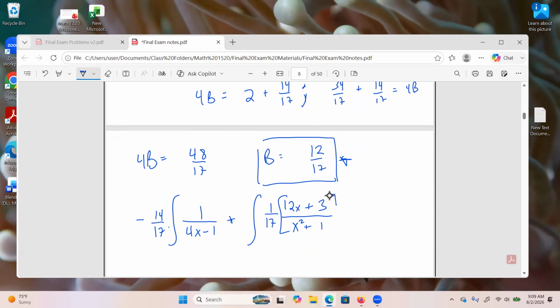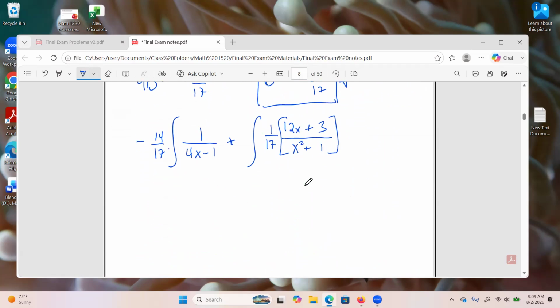I'm going to break this up into two different pieces because 12x plus 3, they are both divisible by 3. That's nice. But rather than factor that out, I'm not going to get anything with it, because my x squared plus 1 is not going to be friendly.